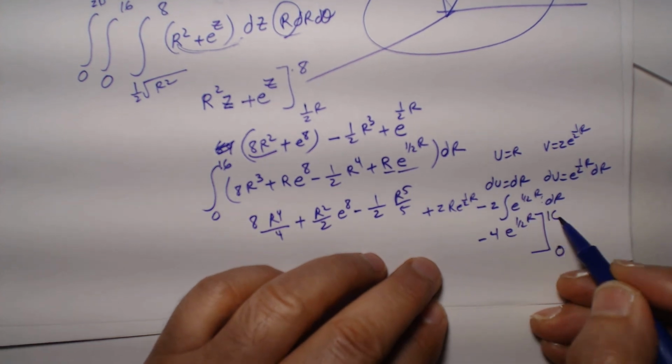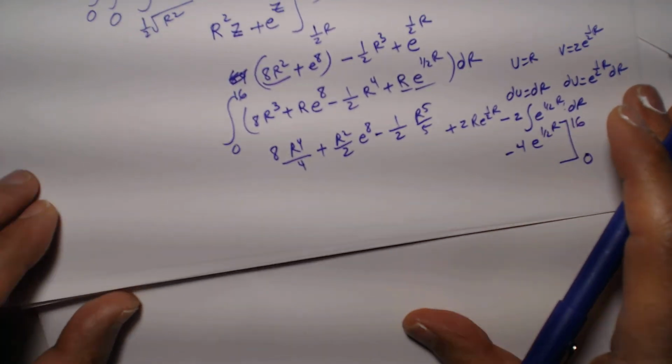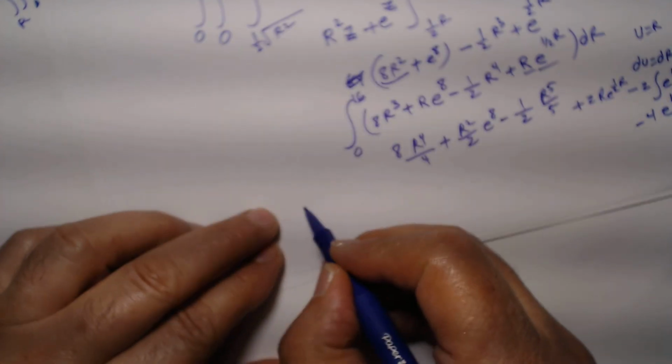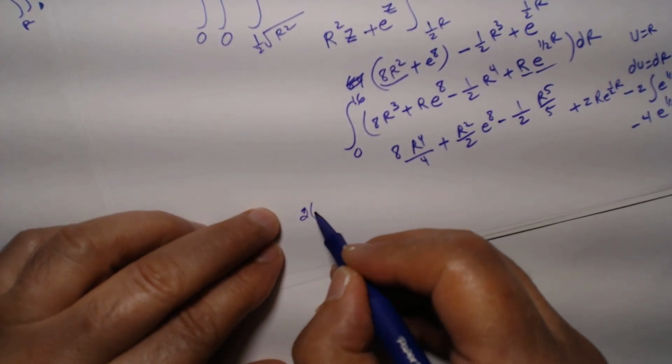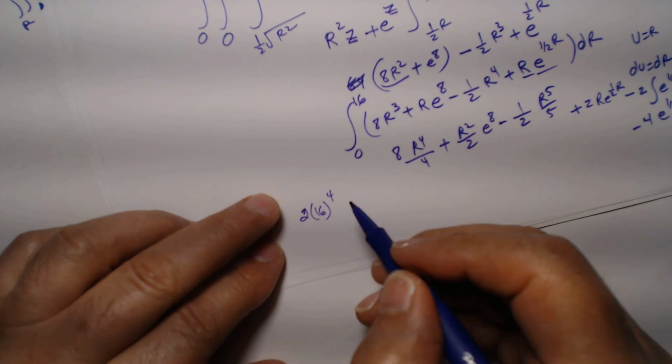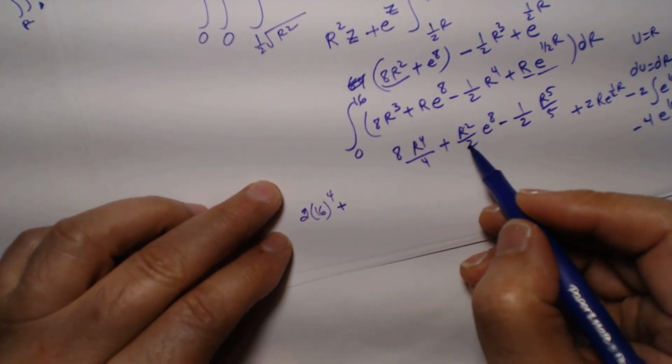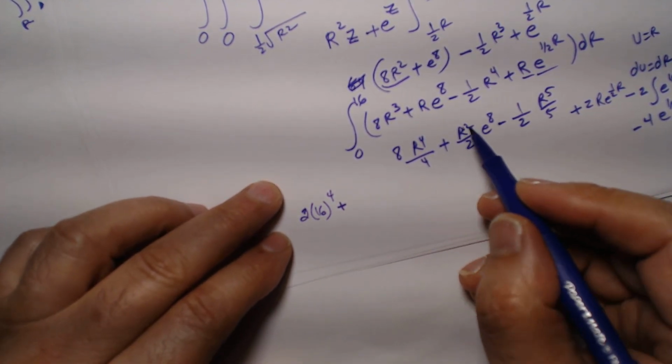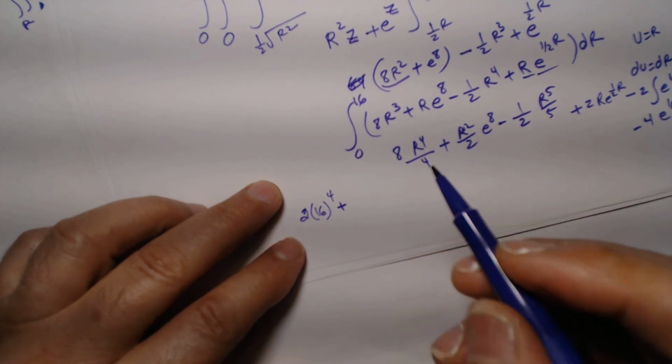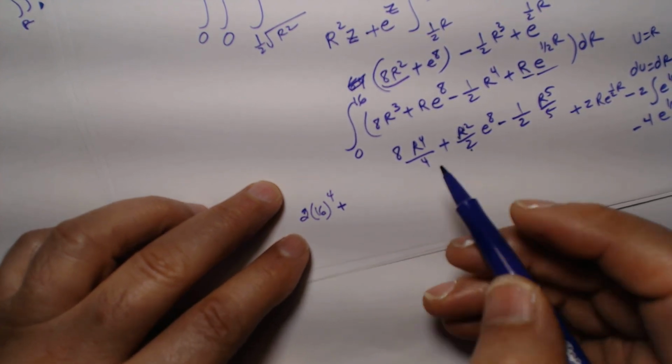Okay, then I have 8 over 4 is 2, 16 to the power of 4, plus, that's this 16 times 16, but 16 squared over 2 is 128.